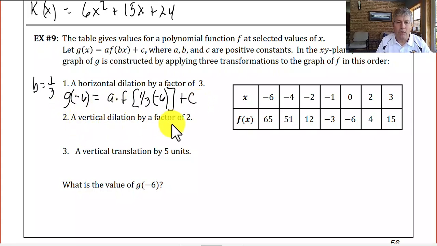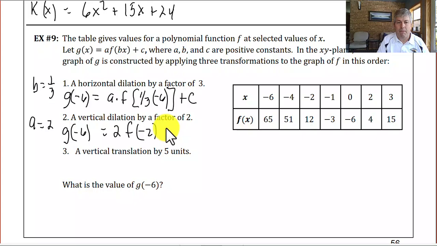Now we also want to do a vertical dilation by a factor of 2. So g of negative 6 equals our vertical dilation, which is our a value. So our a is 2. And then f of 1/3 times negative 6, that's f of negative 2, plus some value c.